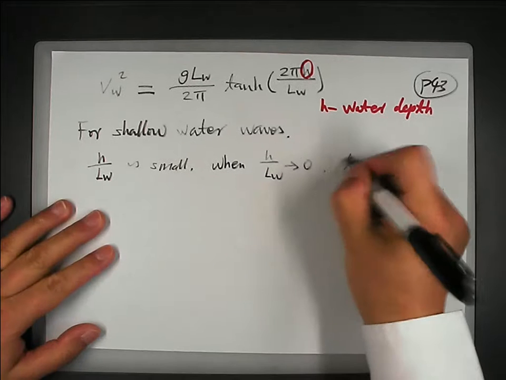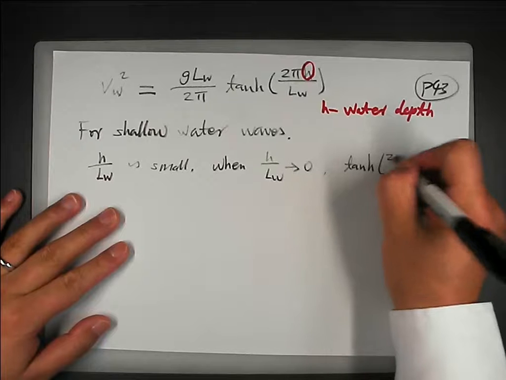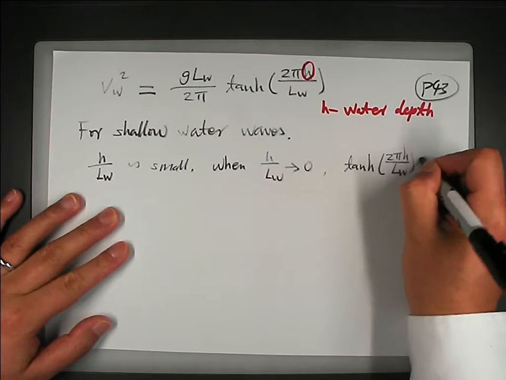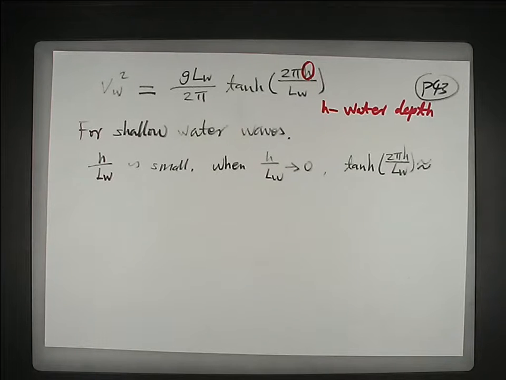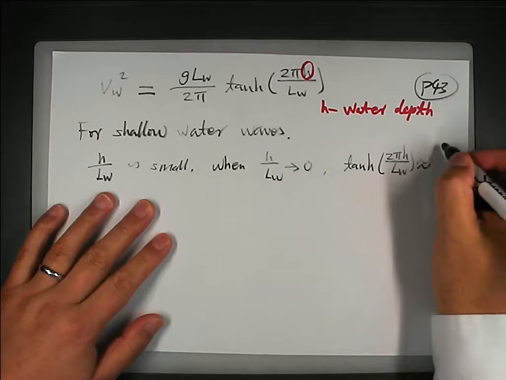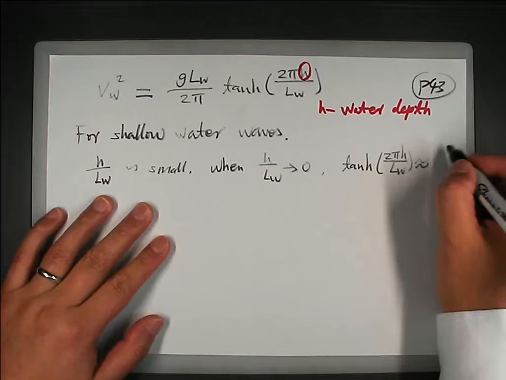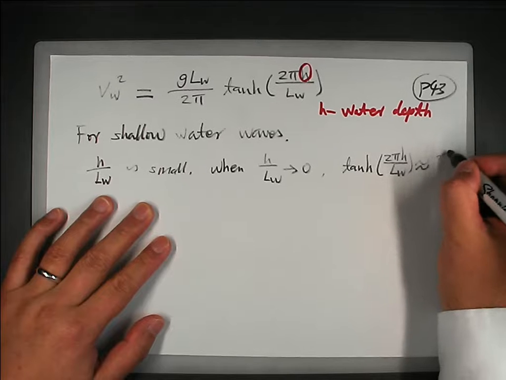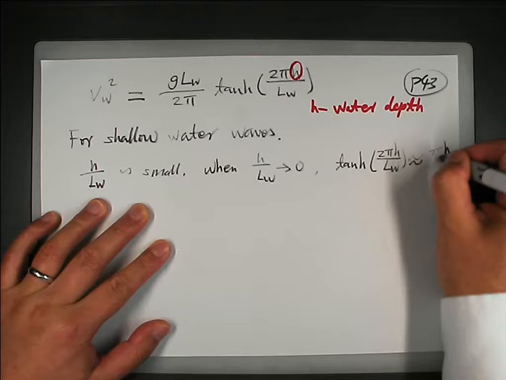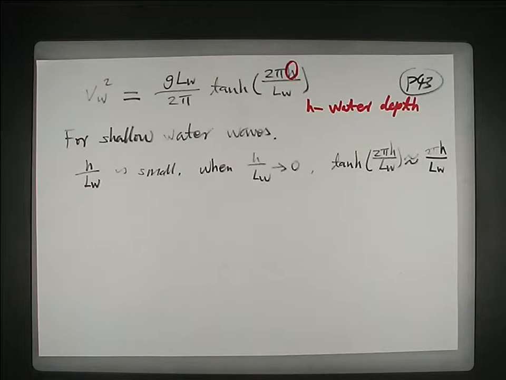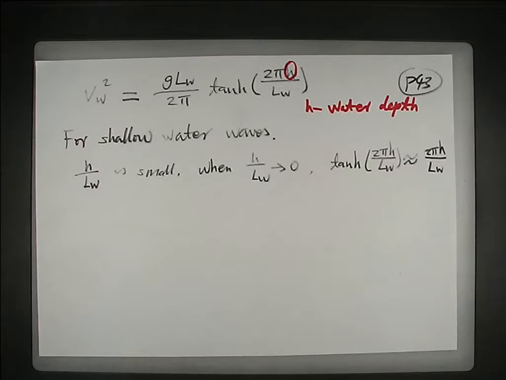then tanh(2 pi H over L_W) can be approximated by 2 pi H over L_W, since the argument tends to 0.